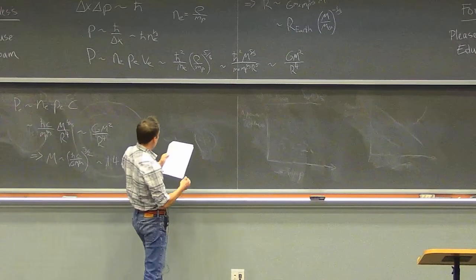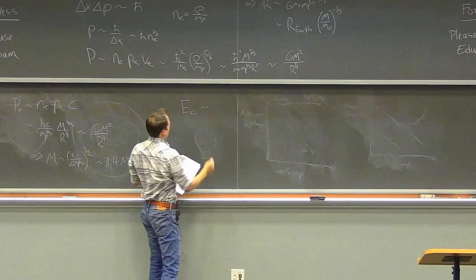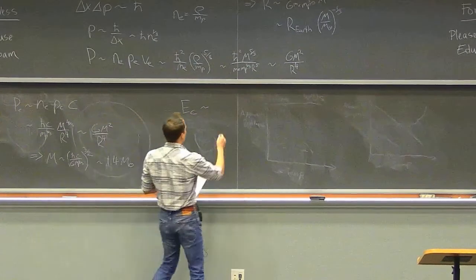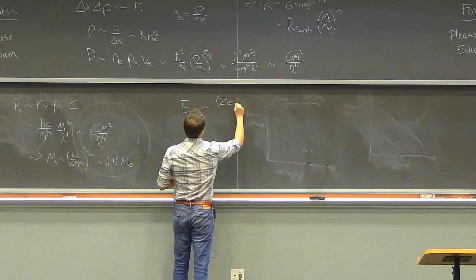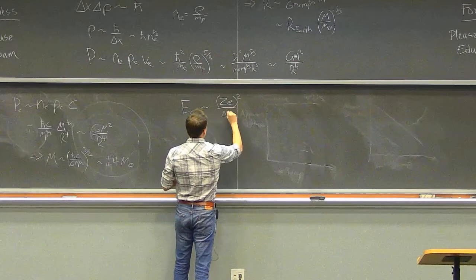So you can calculate the Coulomb interaction, the energy scale of attractive forces between ions. It's basically the charge of an ion squared divided by the separation, and I'll use delta X again.